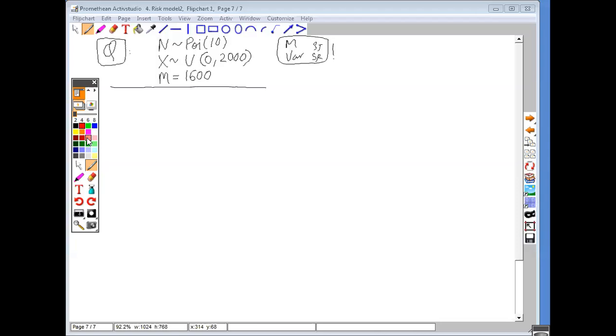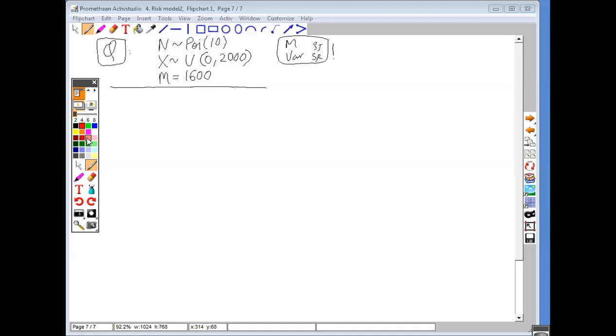So that's fine. But again, what should be my first step? Let us say I want to figure out the average claim amount for the insurance company, which is SI. So I have to figure out the expectation of SI. What should be my very first step here? Anyone? Find out the expectation of N and the expectation of X, right?